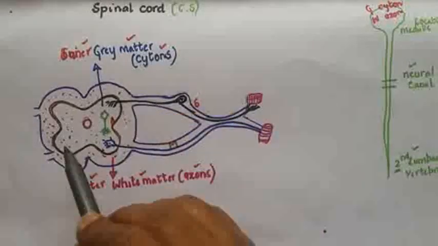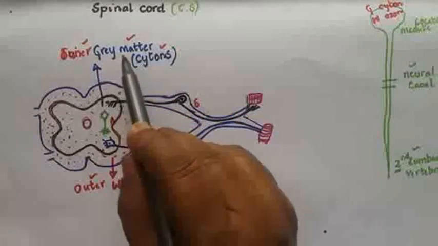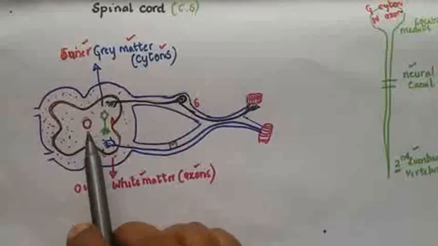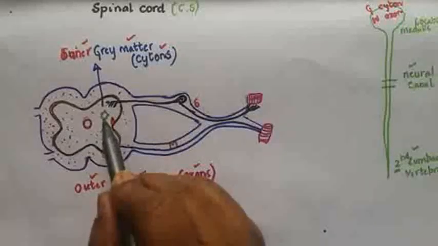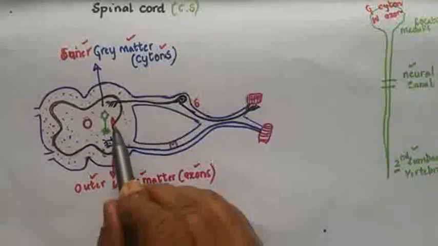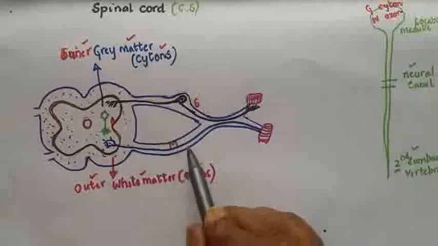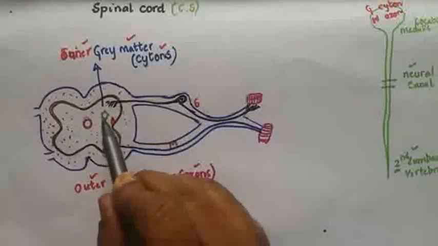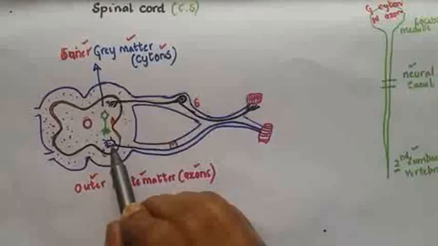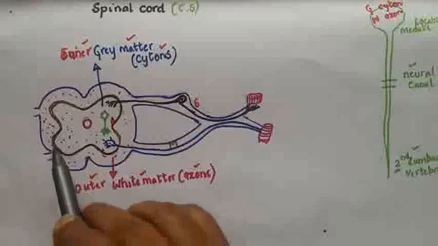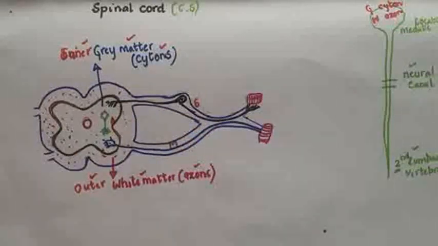So I said the inner region is gray in color due to the presence of cytons. If you observe in the diagram, we find the cyton of the association neuron and the cyton of the motor neuron. Because of these 2 cytons, the inner region is gray in color.